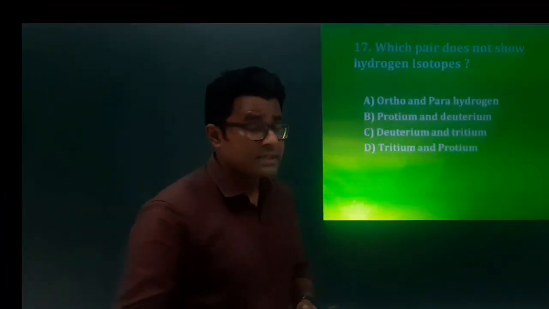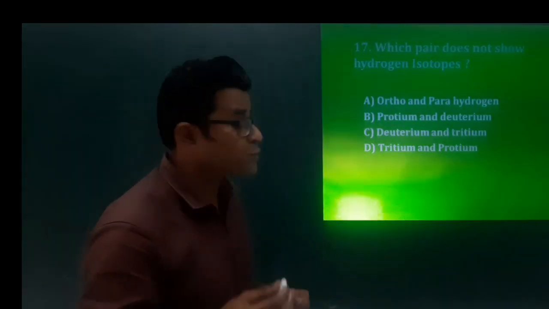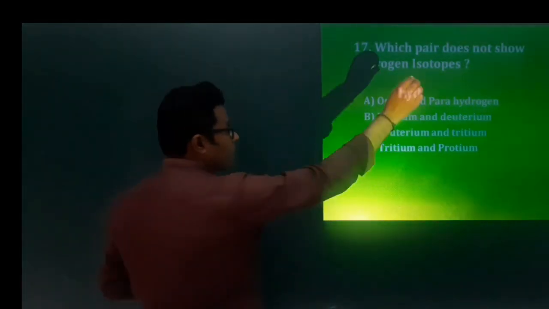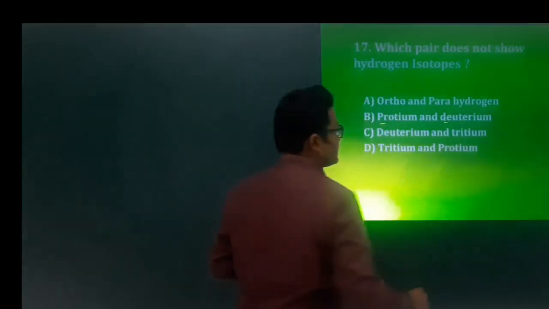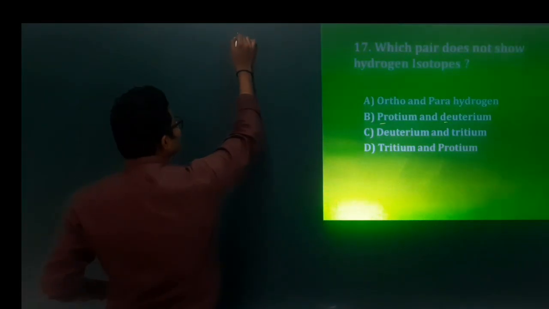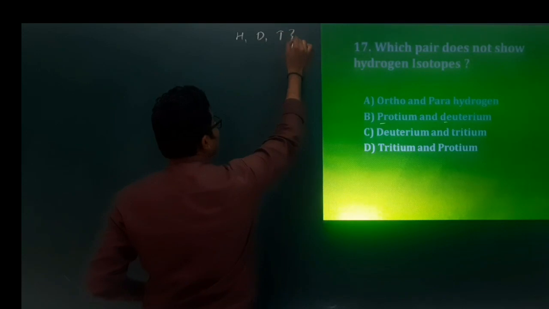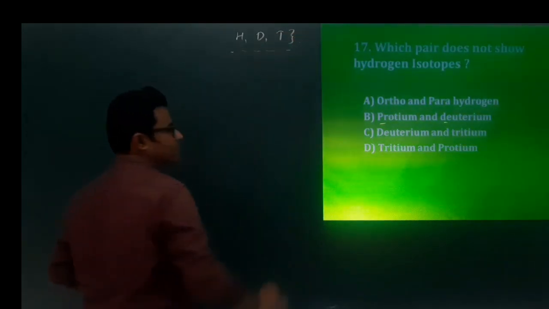Coming towards question number 17, which pair does not show hydrogen isotopes? Observe here, protium and deuterium are isotopes of hydrogen. So we have protium, deuterium, and tritium. These are isotopes of hydrogen.